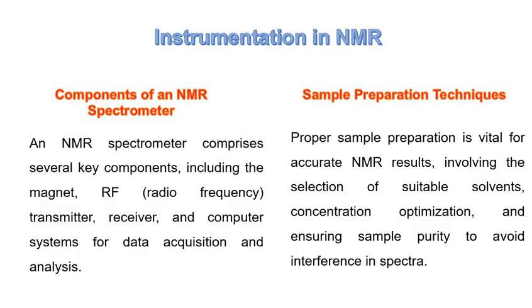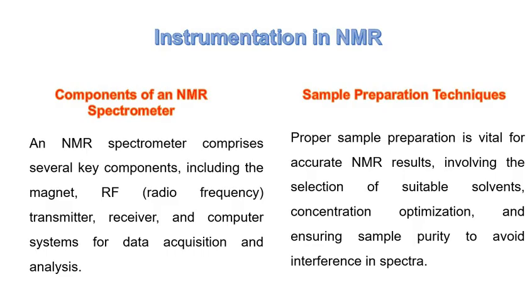Instrumentation in NMR. Components of an NMR spectrometer. An NMR spectrometer comprises several key components including the magnet, RF transmitter, sample probe, receiver, detector, computer system, etc. Magnet, it provides a strong and stable external magnetic field.